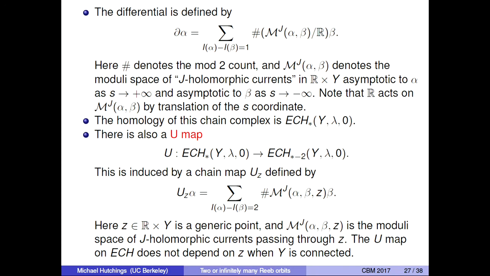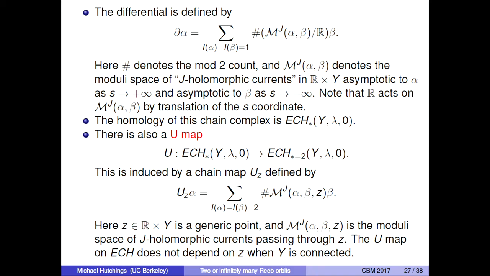And the differential, so I'm using Z mod 2 coefficients. If I input a generator alpha and apply the differential to it, I get a sum over generators beta. And the coefficient of beta is a count of holomorphic curves going from alpha to beta.